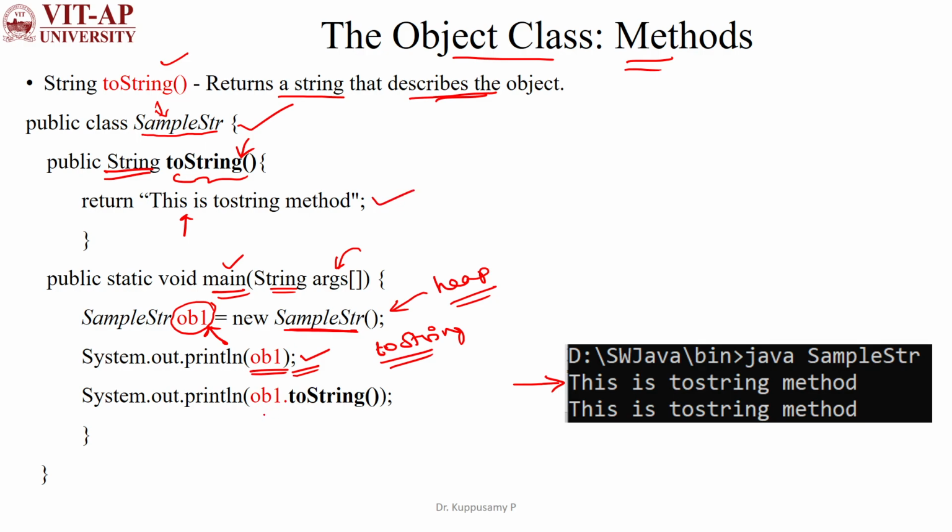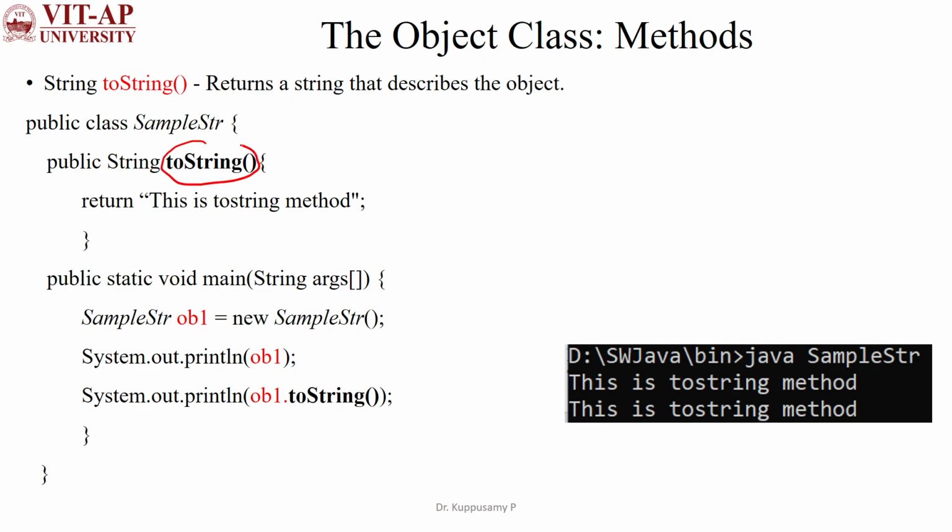Then again I am calling it with the name of the toString method. The object is created with SampleStr, which has the method toString.